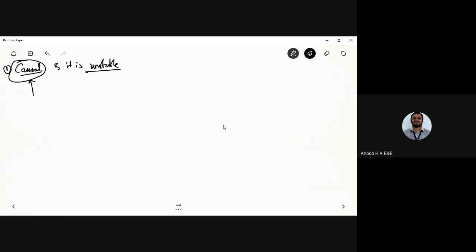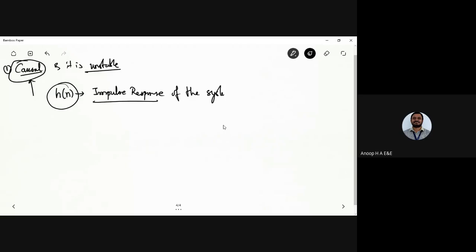Okay, so now as I already told you, h of n is the impulse response. Depending on the impulse response of the system, we are going to determine whether the system is said to be causal or not. So h of n is the impulse response of the system. So h of n will be equal to 0 for n less than 0.